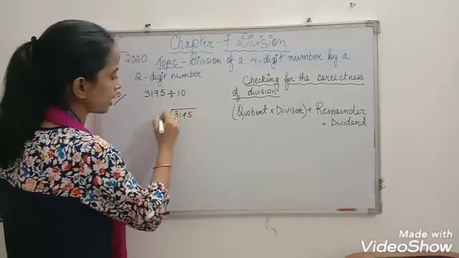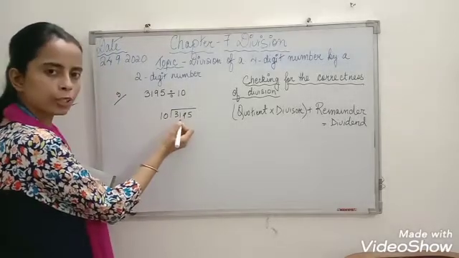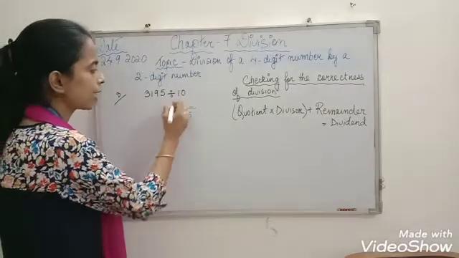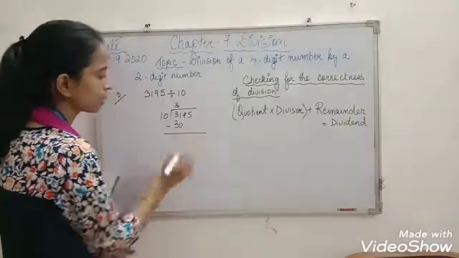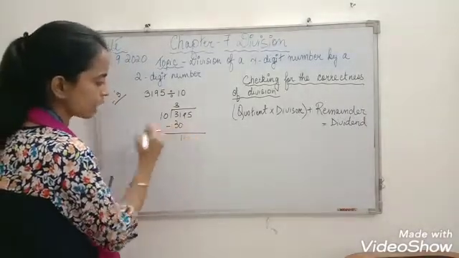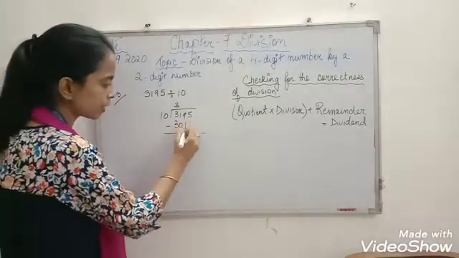3195 divided by 10. So 3 is smaller than 10, that's why we'll take 1 also, we'll consider 31. So 10 into 3 is 30. Multiplication, 10 into 3, 30. Now 1 minus 0, 1. 1 again smaller than 10. We'll bring down the next number.